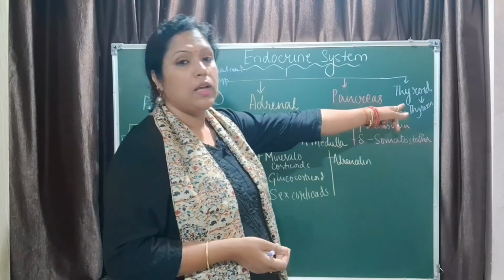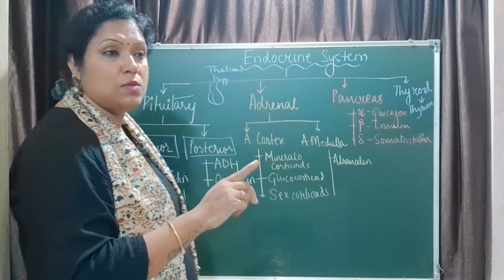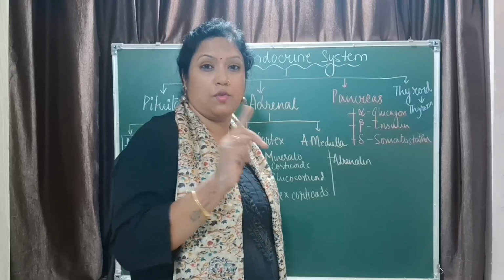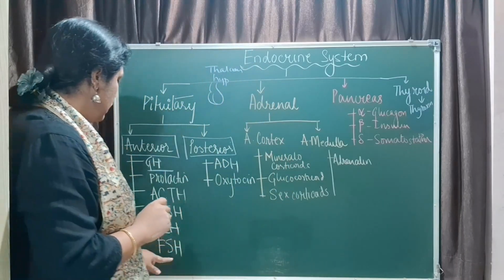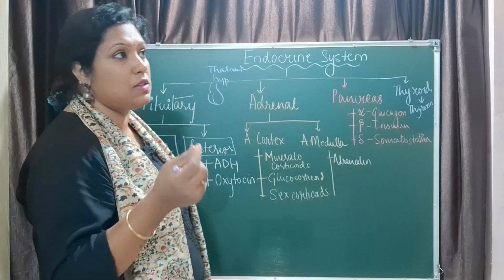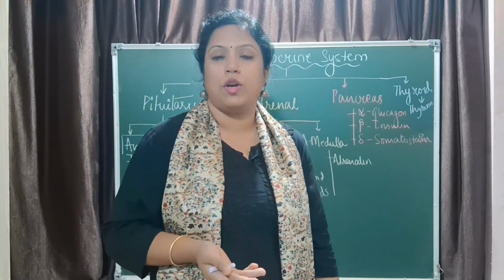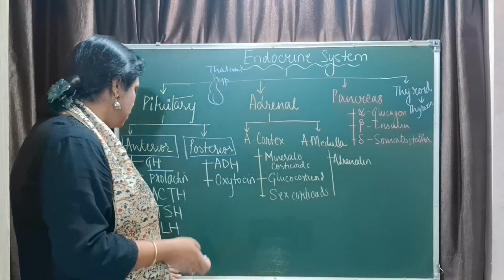It triggers the thyroid gland. LH, luteinizing hormone. It is responsible for ovulation in females, on the 14th day. So luteinizing hormone again targets the ovary. Follicle stimulating hormone is responsible for formation of primary follicles for the production of sperm and the ovum. So again this is a tropic hormone.